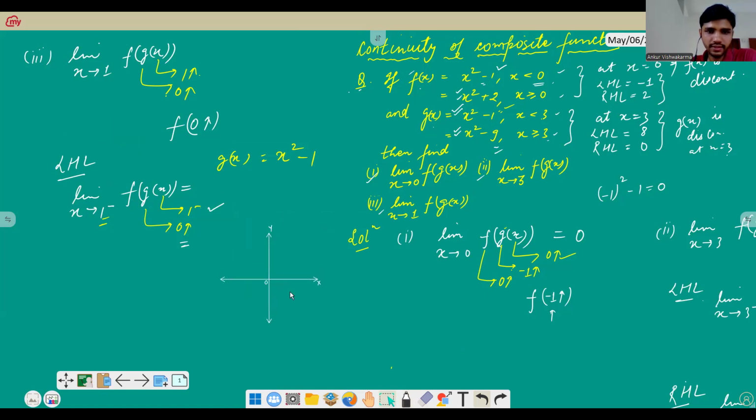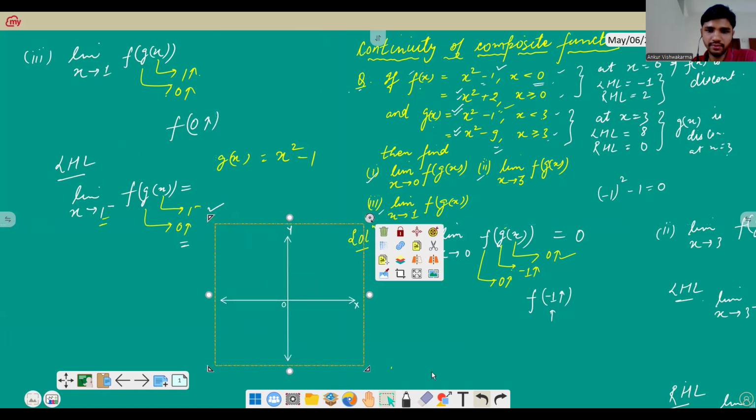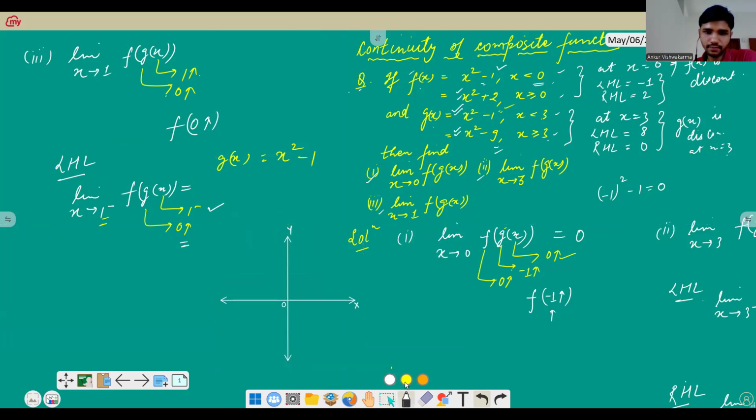Let's draw the graph of g of x, which is defined as x square minus 1. The graph will be similar to the previous one. x square minus 1 again has two roots, 1 and minus 1. So 1 over here and minus 1 over here.